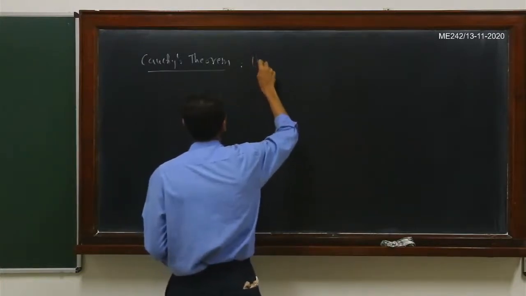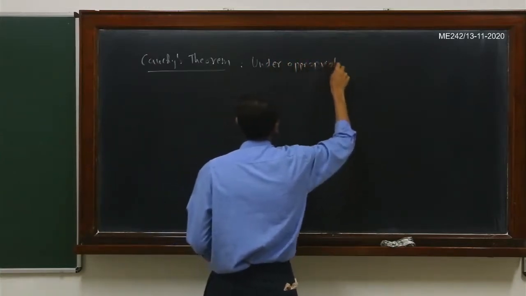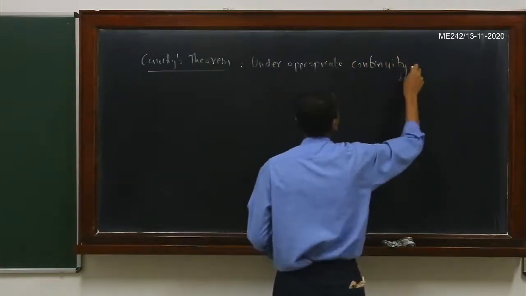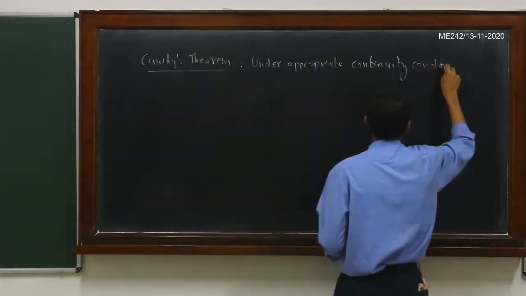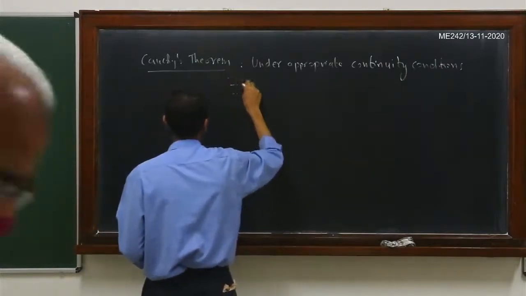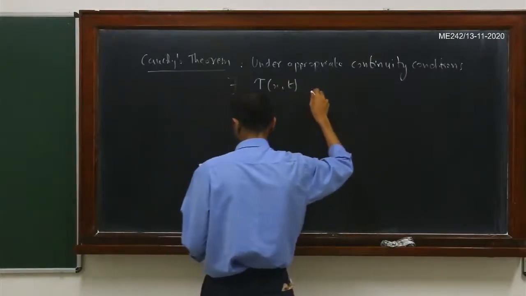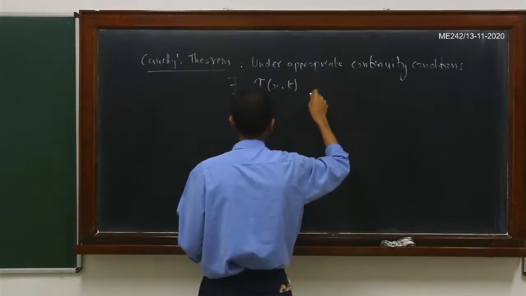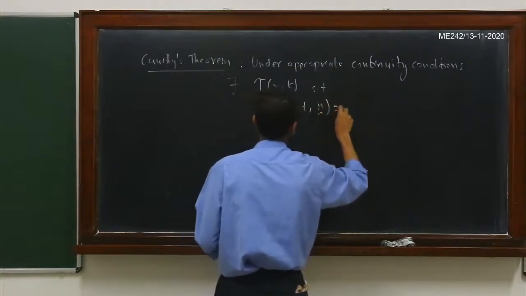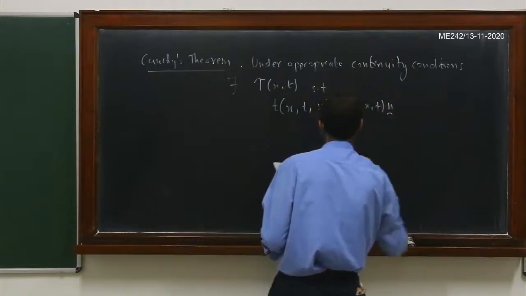Under appropriate continuity conditions, we have that there exists tau of x comma t such that T of x, t, n is equal to tau of x, t times n.